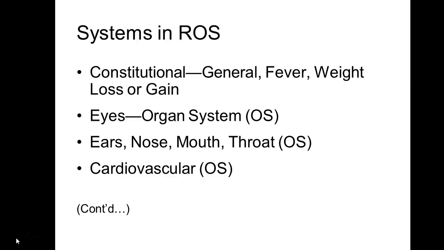The general appearance is, what does the patient look like? Does the patient look healthy, or do they look pale? Do they look red in the face? Do they look like they've been sweating? Do they look like they have a fever? So the constitutional is just getting the patient ready for the actual visit, getting those basic pieces of information. That is automatically included in all of our review of systems.